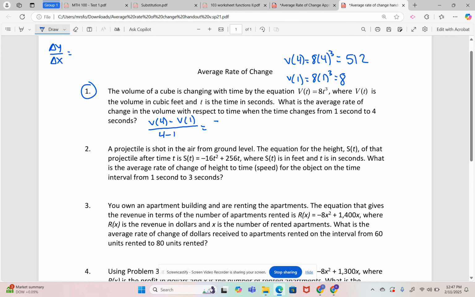So we would say 512 minus 8, I'm substituting in. So that becomes 504 divided by 3. So the average rate of change is 168.